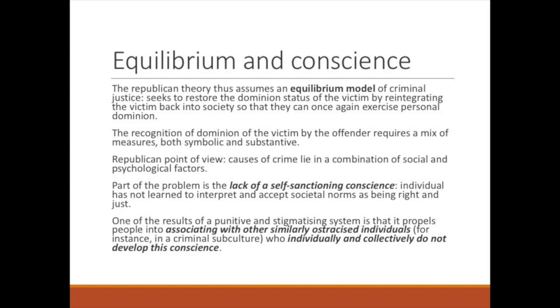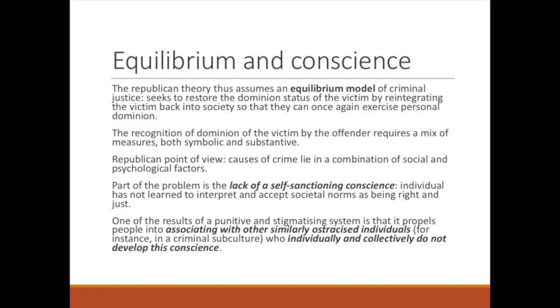factors, and part of the problem is this lack of self-sanctioning conscience. What this means is an individual potential or actual offender hasn't learned to interpret and accept the social norms and values of their society.